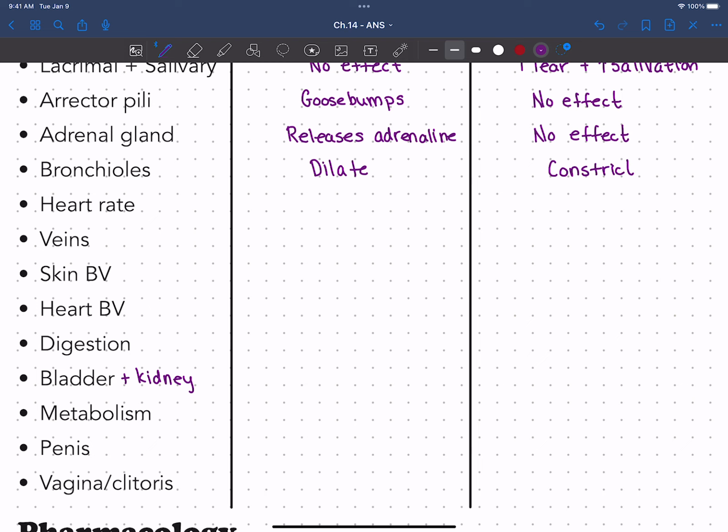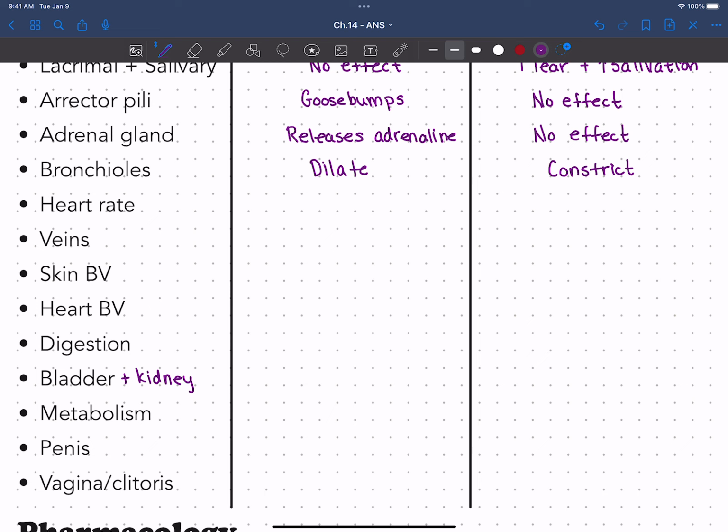So it makes sense that you would want them to dilate with the sympathetic nervous system, increasing the flow of air into the lungs and helping with oxygenation of the blood to get oxygen out to the tissues. Right, and that's less necessary when you're resting. Right, so they can be in more of a constricted state for parasympathetic nervous system.